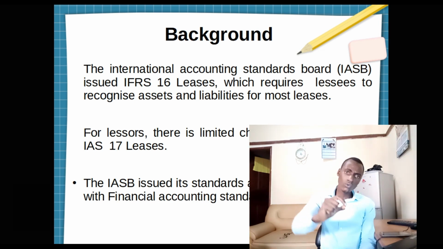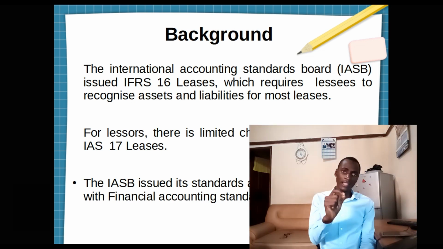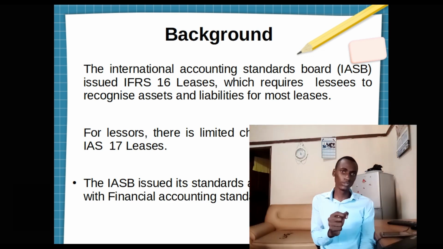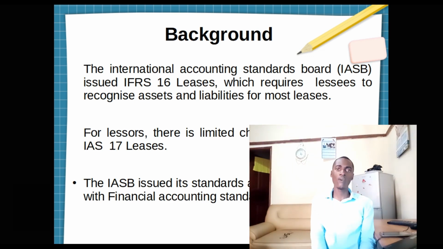So to solve all this, IASB had to introduce a new standard for leases, and that is IFRS 16. So the main reason as to why IFRS 16 was introduced was to completely eliminate off-balance sheet financing.